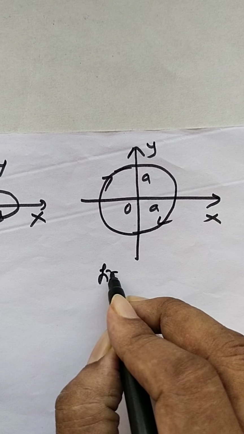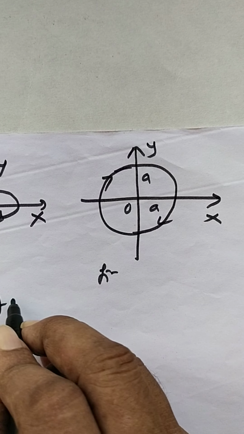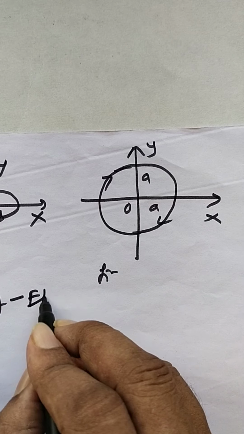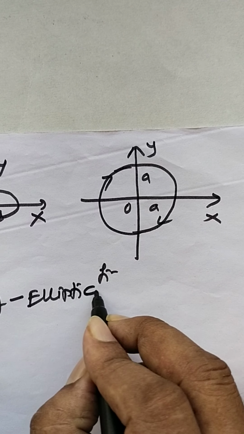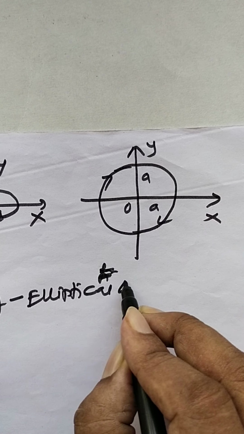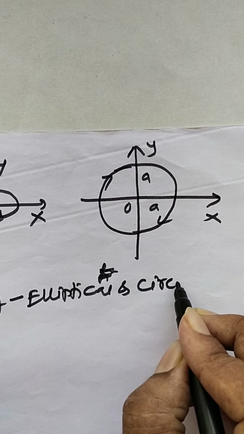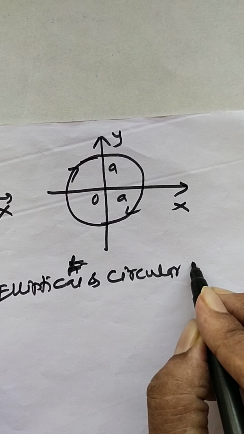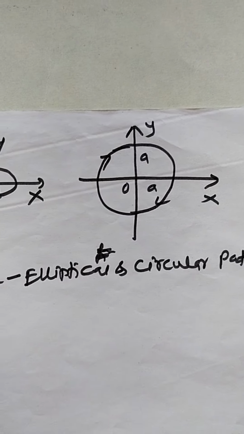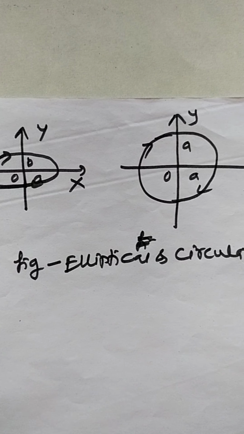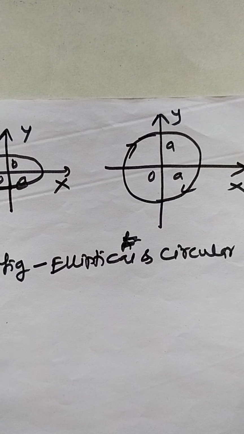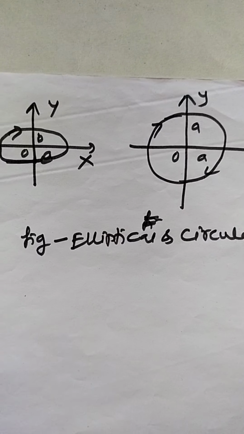So this figure represents the elliptical and circular path here.